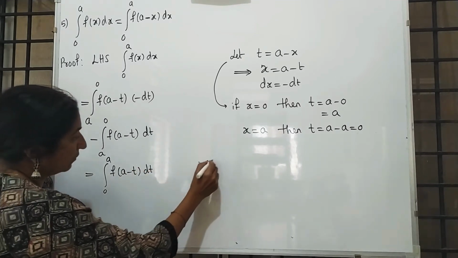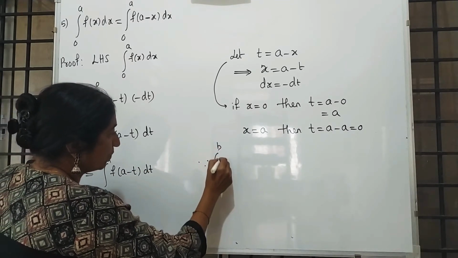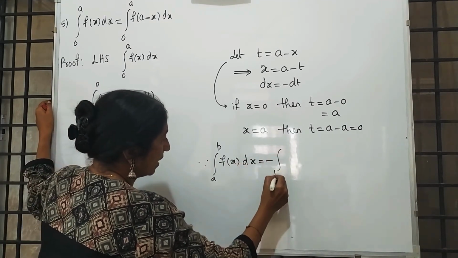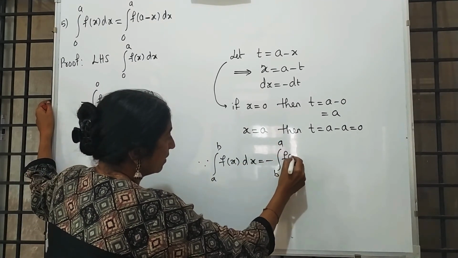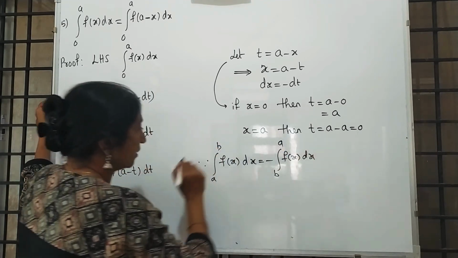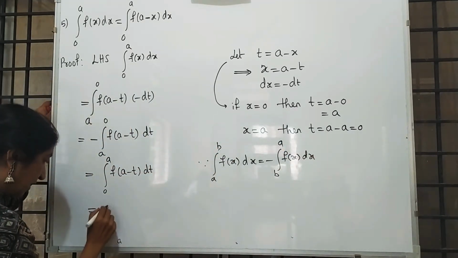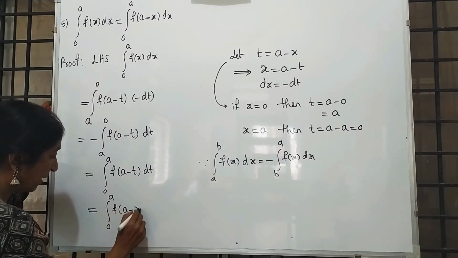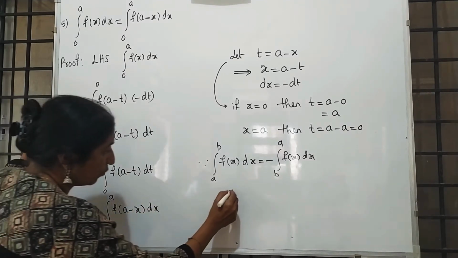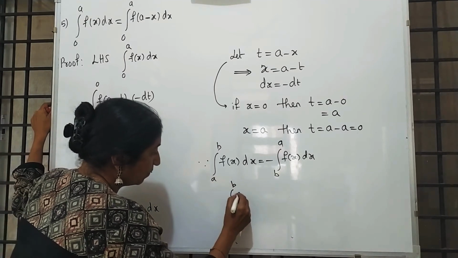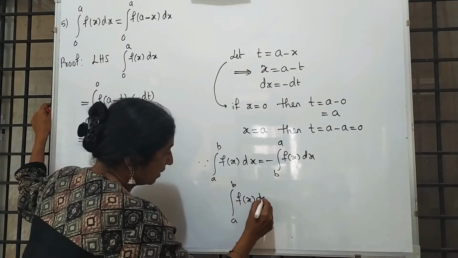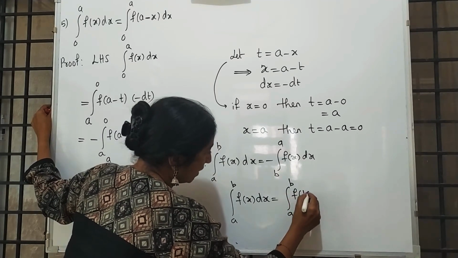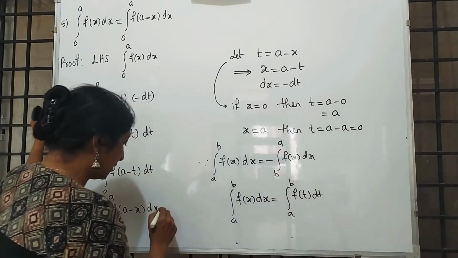Write down, because integration from a to b of f of x dx is equal to minus integration from b to a of f of x dx. Next, integration from 0 to a of f of a minus x into dx. Which property? Integration from a to b of f of x dx is equal to integration from a to b of f of t dt. That is RHS.